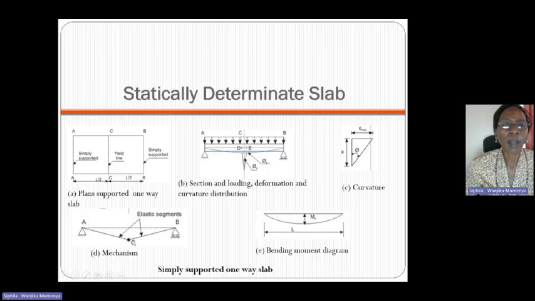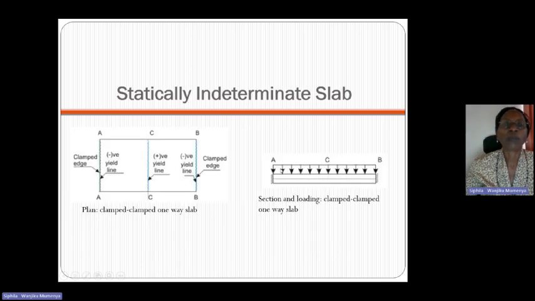So there'll be a hinge there, and the sides AC and CB will be elastic segments. That's the bending moment diagram for the elastic stage, the simply supported one-way slab.